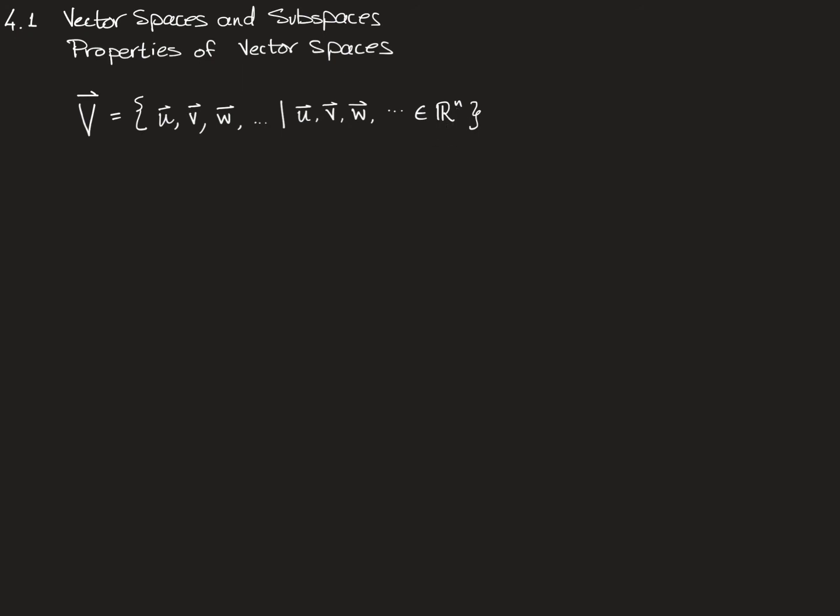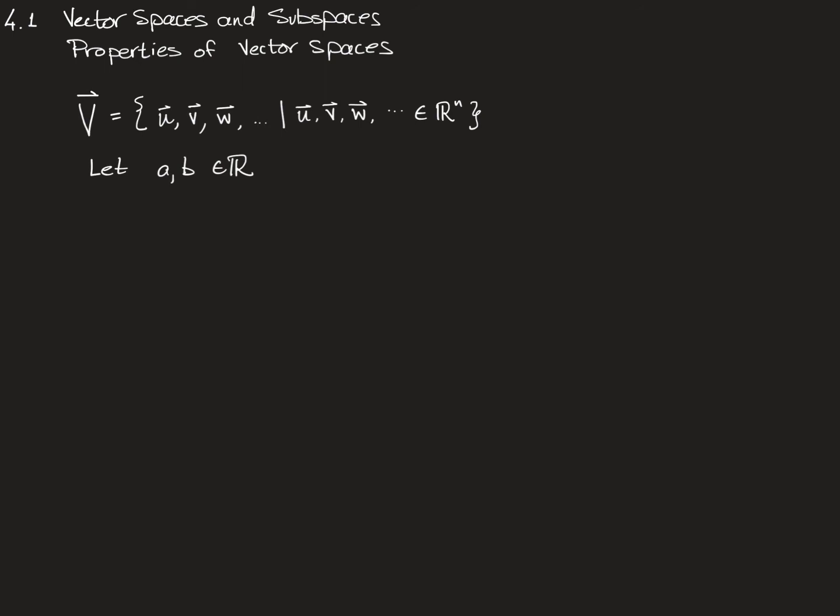So whatever n is, it has to be the same for all of these vectors, all the ones listed and all the ones not listed. I've also listed a couple of numbers here that are in the real numbers. These are going to turn out to be scalars. We need to have a couple of numbers defined as just being real numbers, and we know that that's what scalars are. So as we use these as scalars, we'll know we can get away with it.